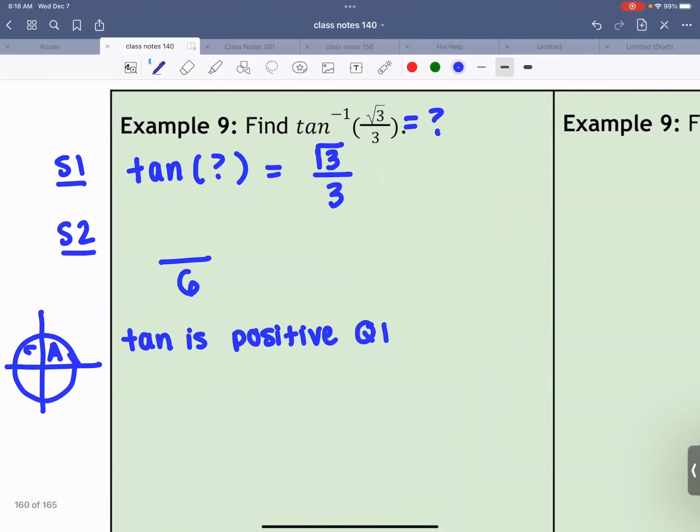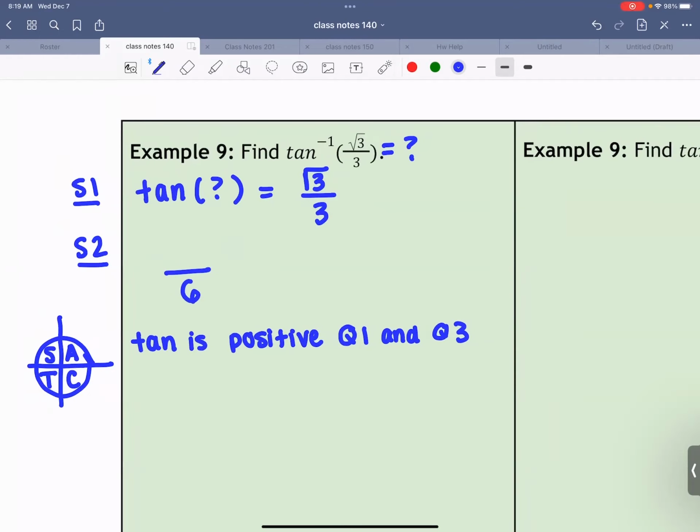Sine is the only thing positive in quadrant 2, so tangent's not positive there. Tangent's positive in quadrant 3. Cosine's the only thing positive in quadrant 4, so we're going to leave that one alone. Let's find all the angles in quadrants 1 and 3 that are over 6.